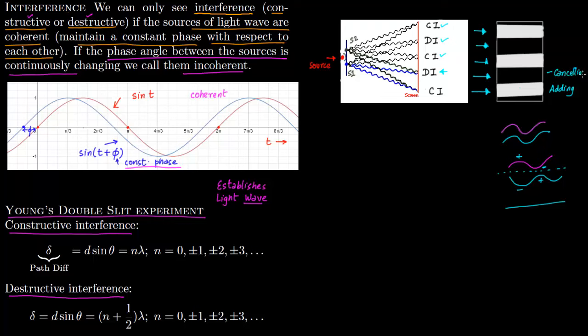So this band is only possible if you have light as a wave, then you can add it up and it also cancels. So this is essentially the result of Young's double slit experiment.